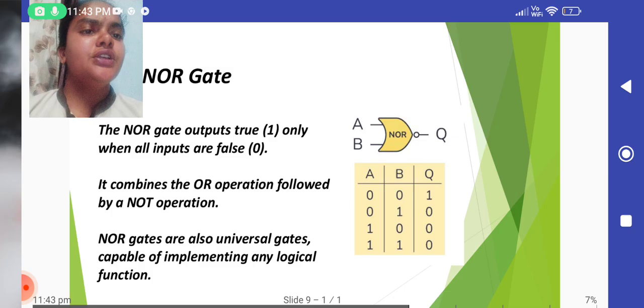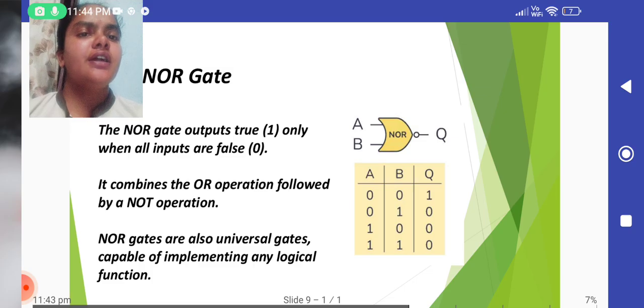If we give 0 0 input, if both inputs are 0, it will produce a single output, 1. If we give one input as 0 and another input as 1, it will produce a 0 output. If we give both inputs as 1, it will produce a 0 output.